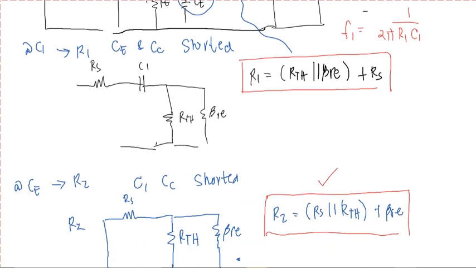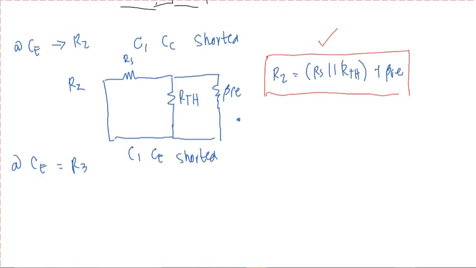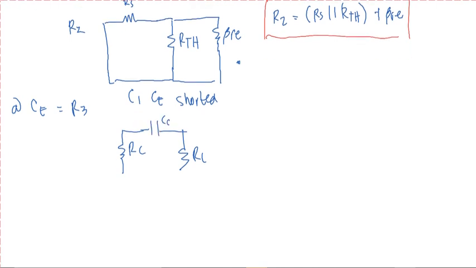So if we redraw this one, you have your RC, you have your RL, and you have your CC. This is what we are given, and this is connected.